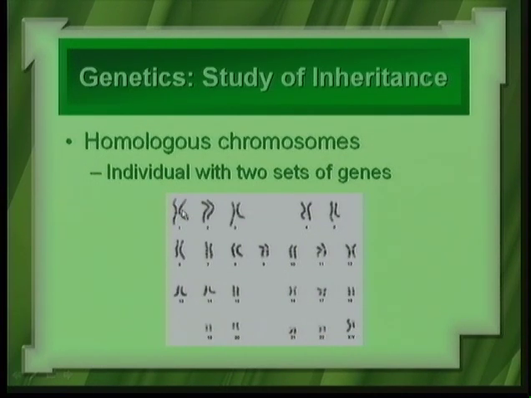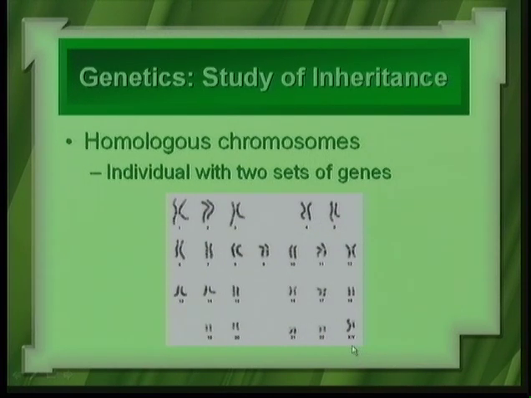Okay, so here you have the homologous pair of chromosome 1, the homologous pair of chromosome 2, and so on. This is a human, you can tell, partly because this person has 22 sets of autosomes. That means this person has 44 autosomes plus one set of sex chromosomes.